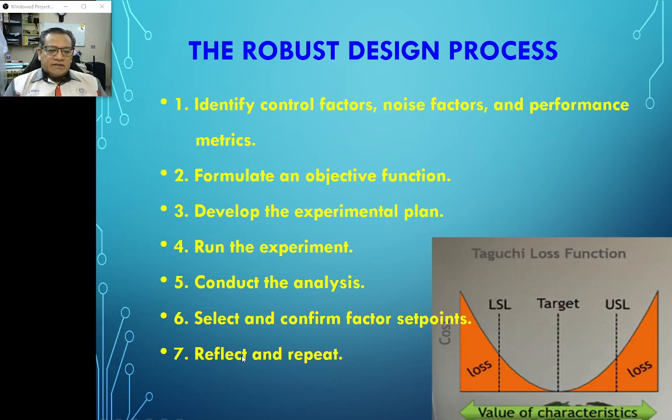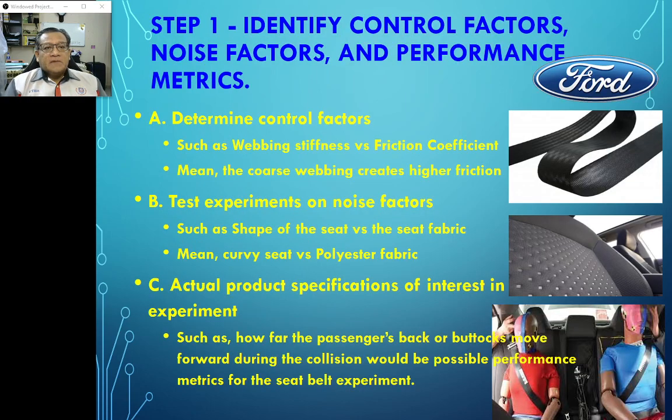Then do some reflection on what you have achieved, what you have not, and repeat the process for the next cycle of testing and experiment. Okay, so let's take a look at the steps one by one.